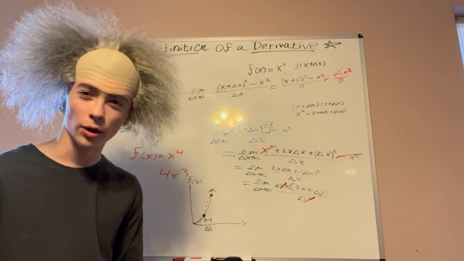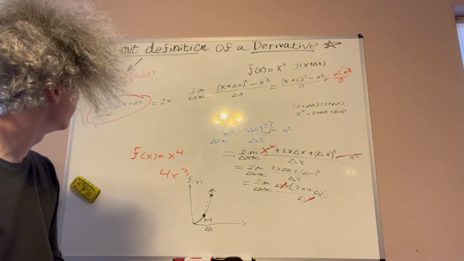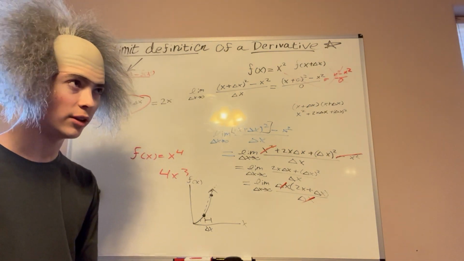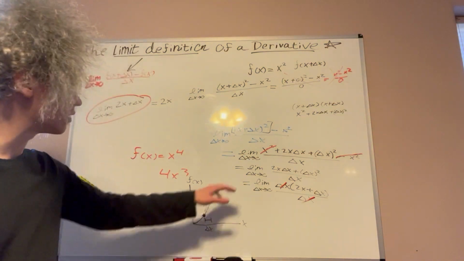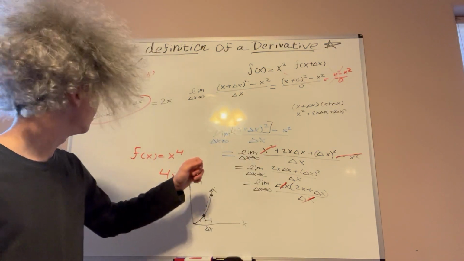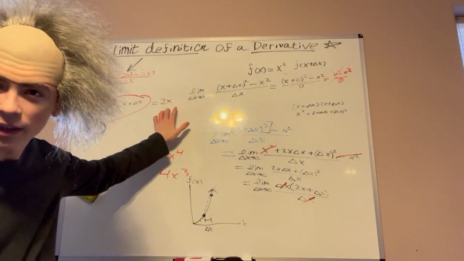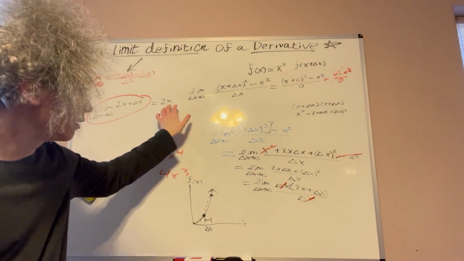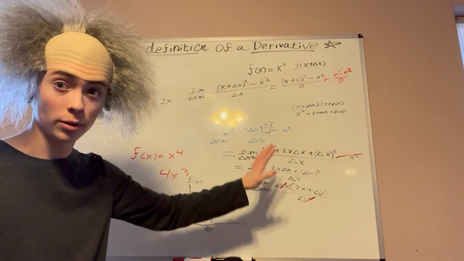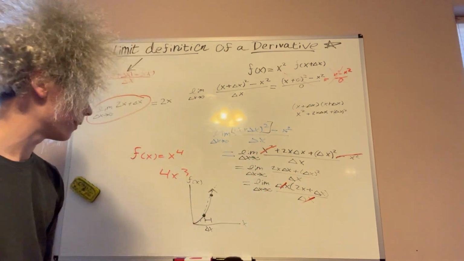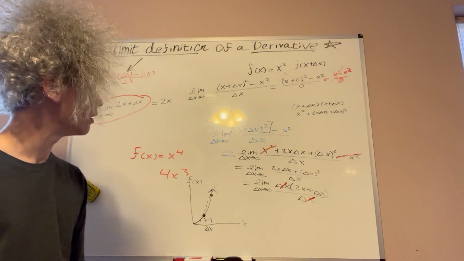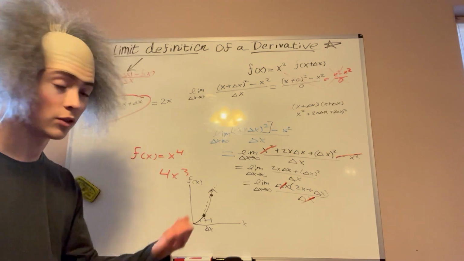And down the road, we will cover another limit derivative kind of thing where we skip all of this and go straight to a number. Like instead of finding a function and then plugging in a number, we do some limit stuff, some calculus, and then we just get a slope, we get an answer. But yeah, our difference quotient, our limit definition of a derivative, lets us find slope anywhere, right?